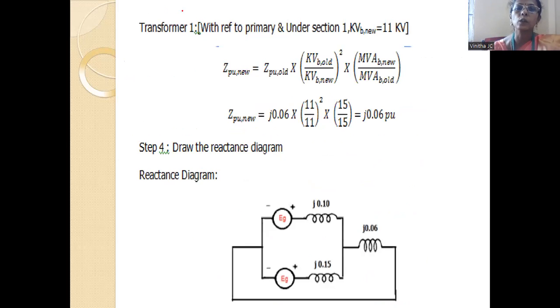Similarly, we can calculate the per unit reactance of the transformer. Same formula: Z per unit new is equal to Z per unit old into kVB old by new the whole square into MVAB new by MVAB old.